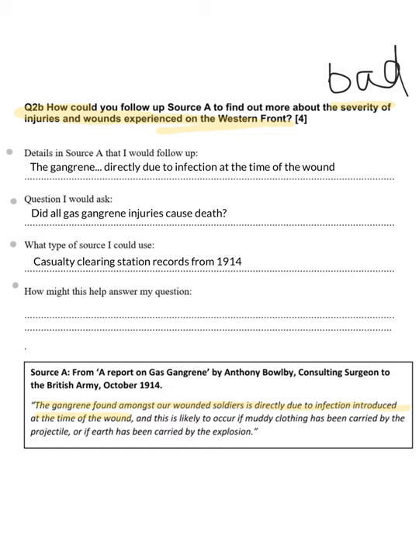How would the records from a casualty clearing station tell me about whether it caused death or not? This is where you use a bit of your common sense and a bit of your own knowledge, but not much.